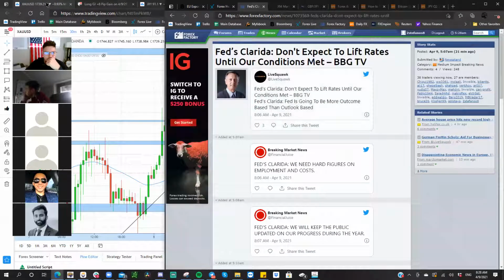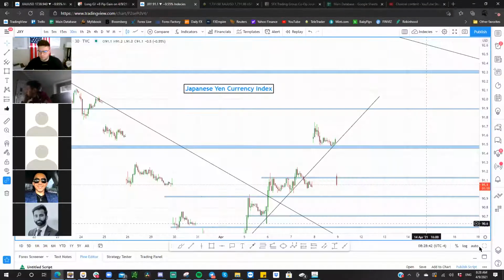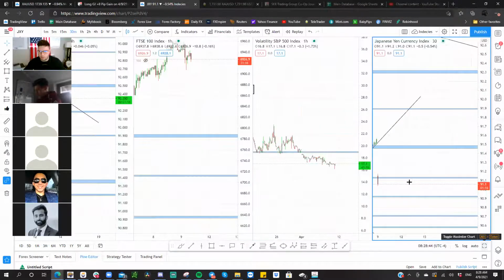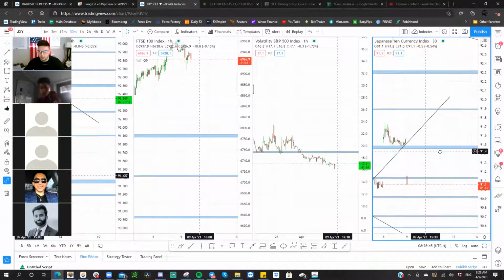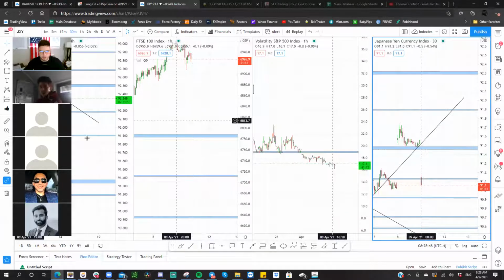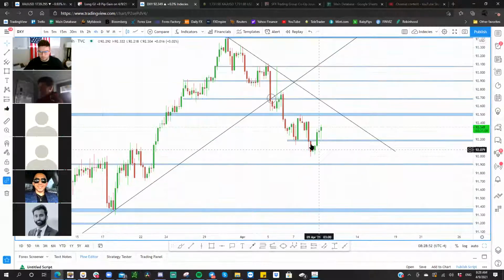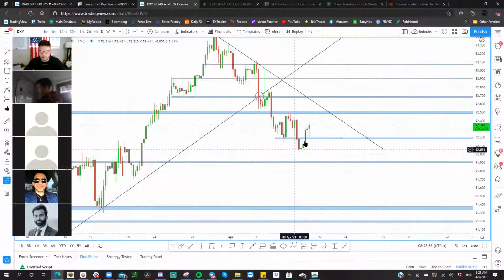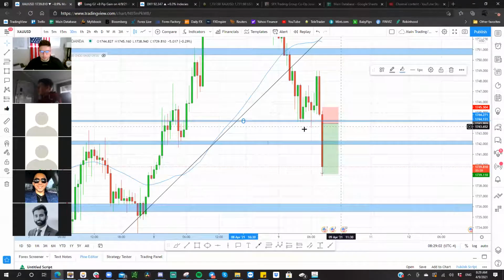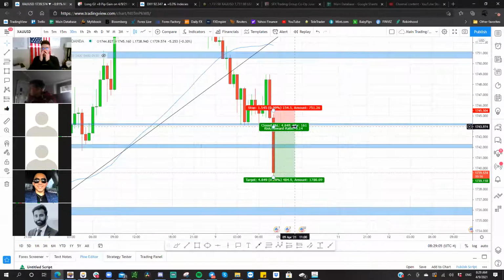Let's see. Wow. Currency index for Japan just dropped. Dollar index just retraced. Did a little fake out. Now we're pushing bullish, but we're still bearish. But that's probably why we got this move.